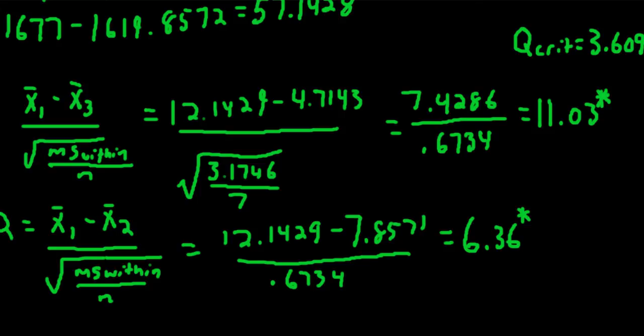So we now know that our depression commercial group has significantly higher depression scores than our control group. Our depression commercial group has significantly higher depression scores than our anxiety group.